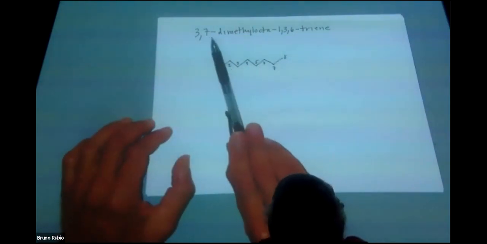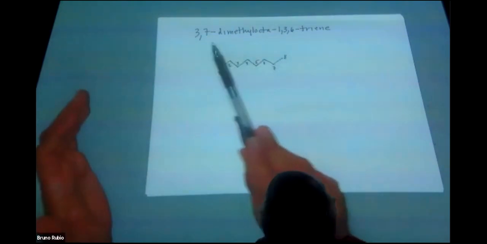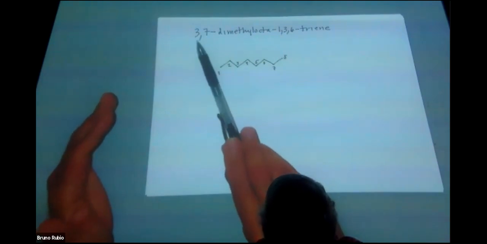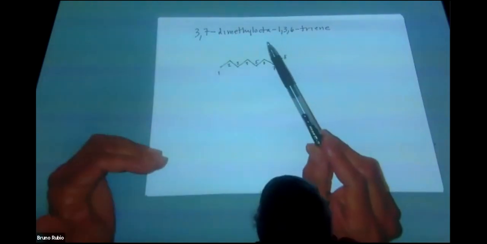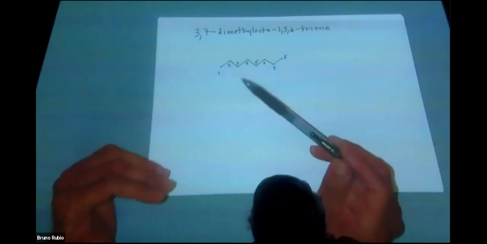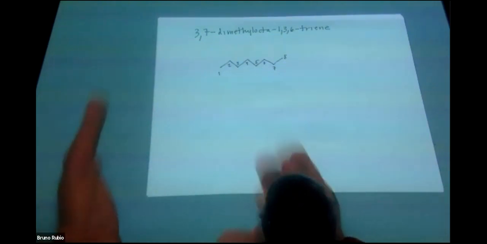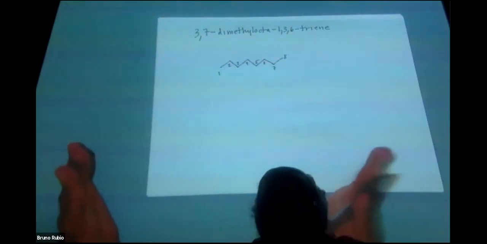I see 2 numbers, and what follows right after that? Di, right? You'll never see something that is 3,7-methyl. It has to be 3,7-dimethyl. You'll never see 3,3,3-ethyl. It has to be 3,3,3, that's 3 numbers, 3,3,3-trimethyl or whatever. All right, so we see this pattern.